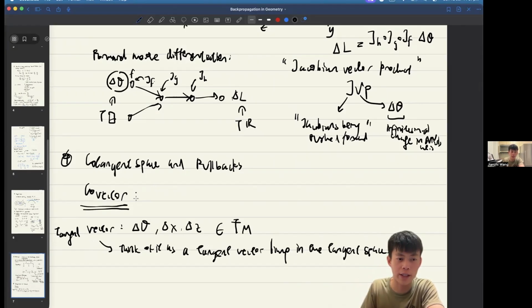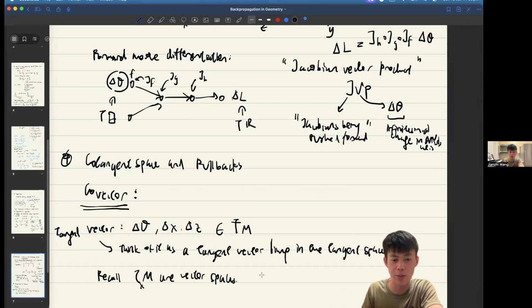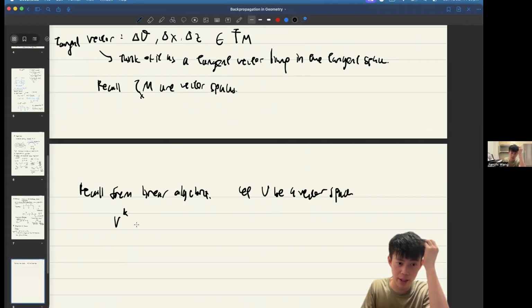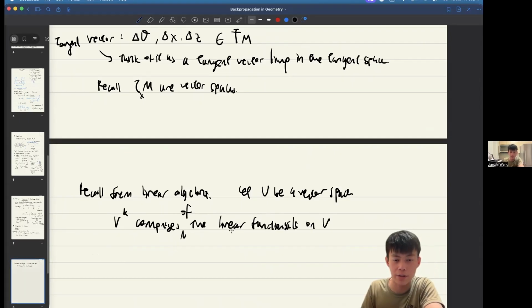What is a covector? For those of you familiar with linear algebra, a covector is precisely an element in the dual space, right? So recall all the tangent spaces are vector spaces. Vector spaces have their counterpart, which is called the dual space from linear algebra. So let V be a vector space. The dual space comprises the linear functionals on V. What does linear functionals mean?